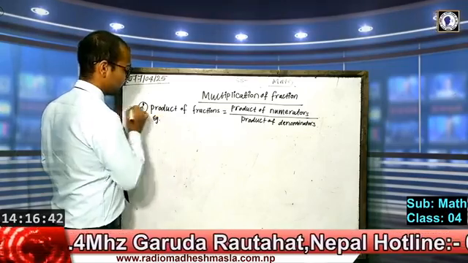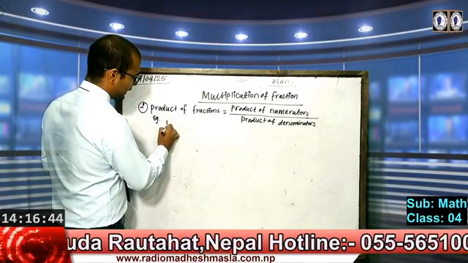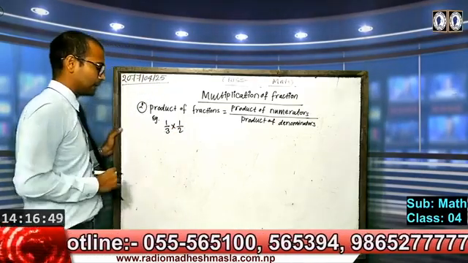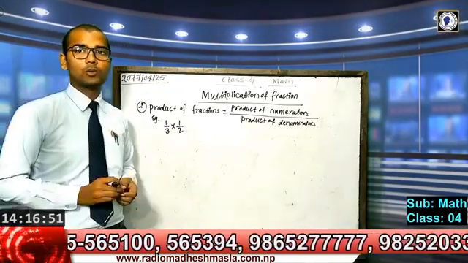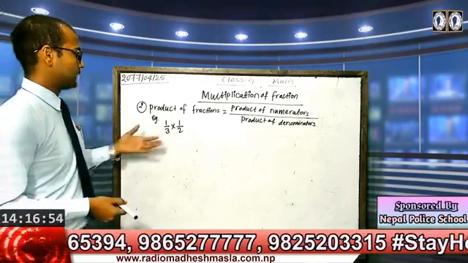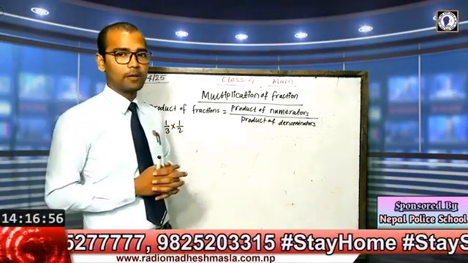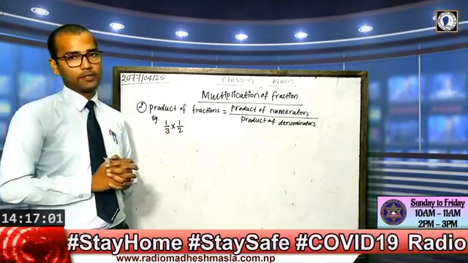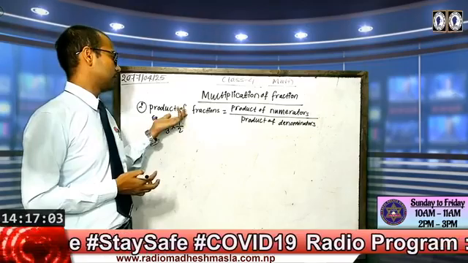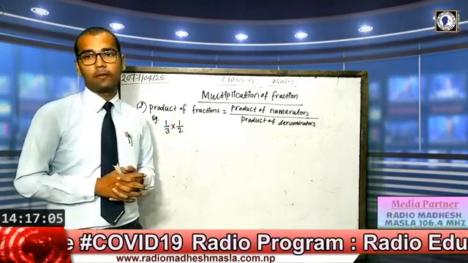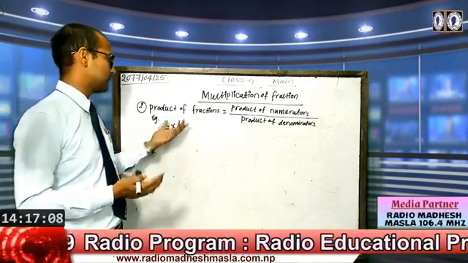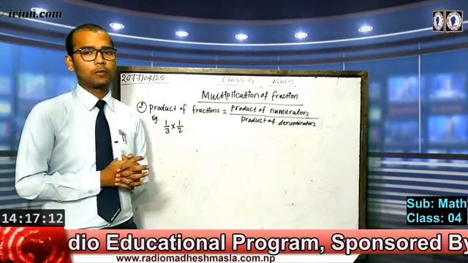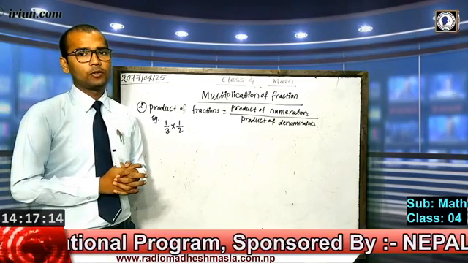Yes, we have a question like this: 1 by 3 into 1 by 2. Students, if only fractional numbers are given, it is clear that we need to find their product, that is, multiply them.